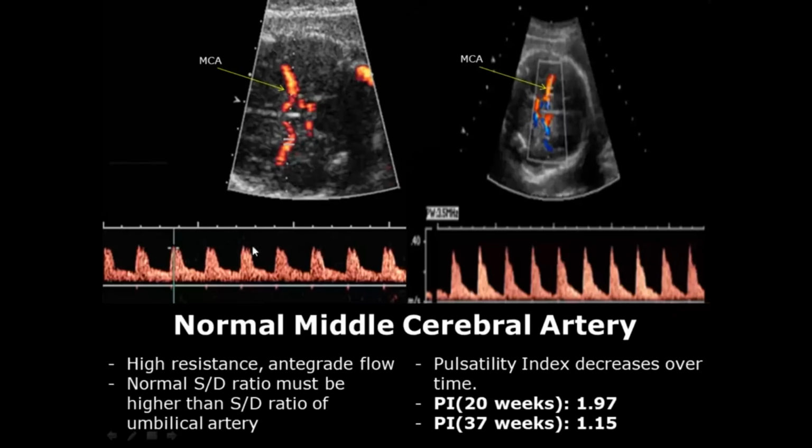We can use it to calculate cerebroplacental ratio. It must also decrease over time. Here are some approximate values, some examples of pulsatility index. At 20 weeks, it is 1.97, and by 37 weeks, it has decreased to 1.15.